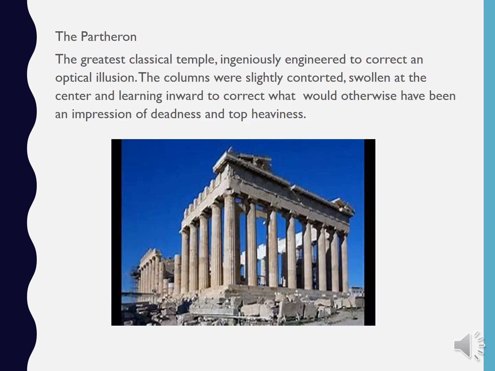Next is the Parthenon, the greatest classical temple, ingeniously engineered to correct an optical illusion. The columns were slightly contorted, swollen at the center and leaning inward to correct what would otherwise have been an impression of deadness and top-heaviness. So this is an example of the Parthenon.